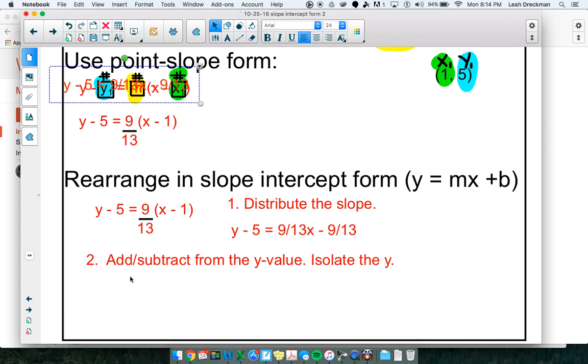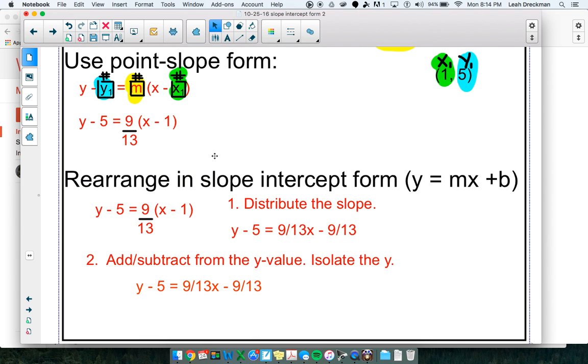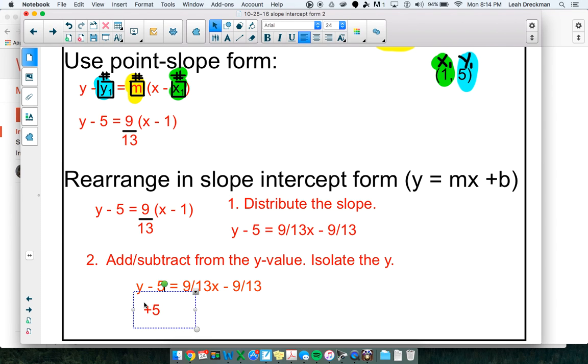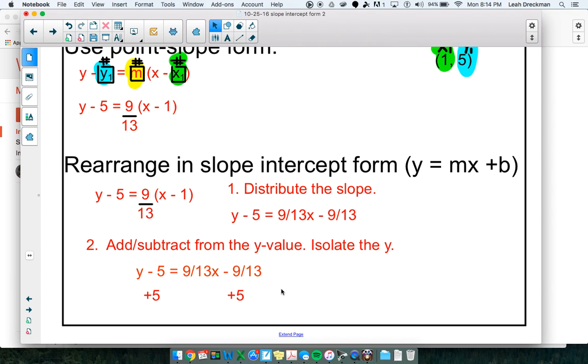Try to keep it organized for you. All right, so if I use inverse operations, that means I'm going to add 5 on this side. But I also have to add 5 to the other side so we can get that y-intercept.